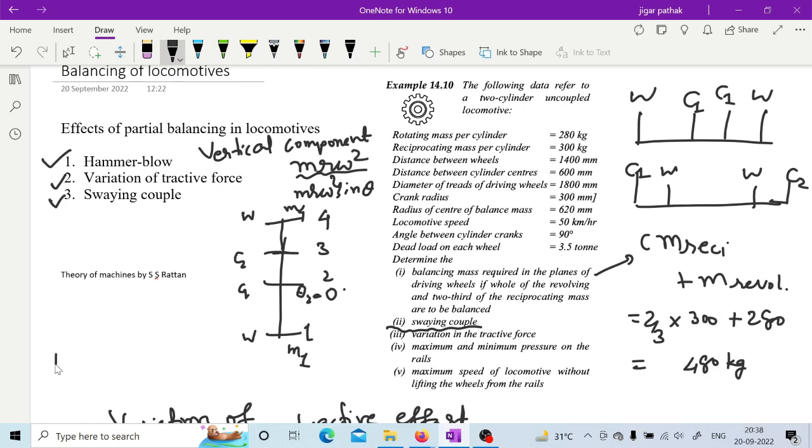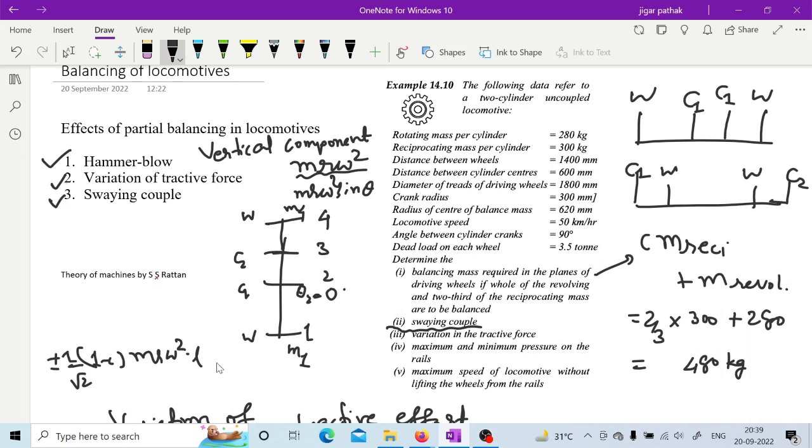Just now we have seen the equation, right? Plus or minus 1 by root 2 (1 minus c) m r omega square into L. This is the maximum swaying couple. You are provided c as 2 by 3, m as 300, r as 0.3.